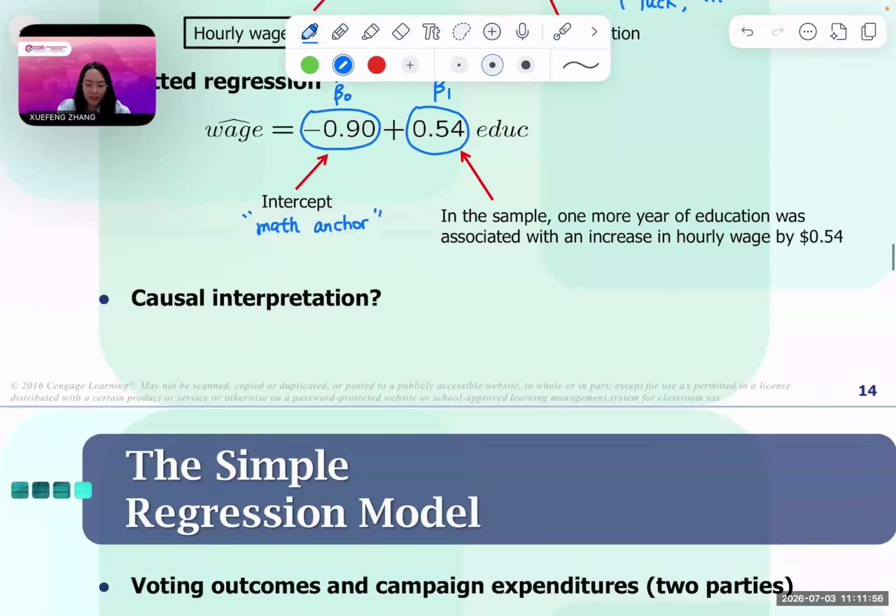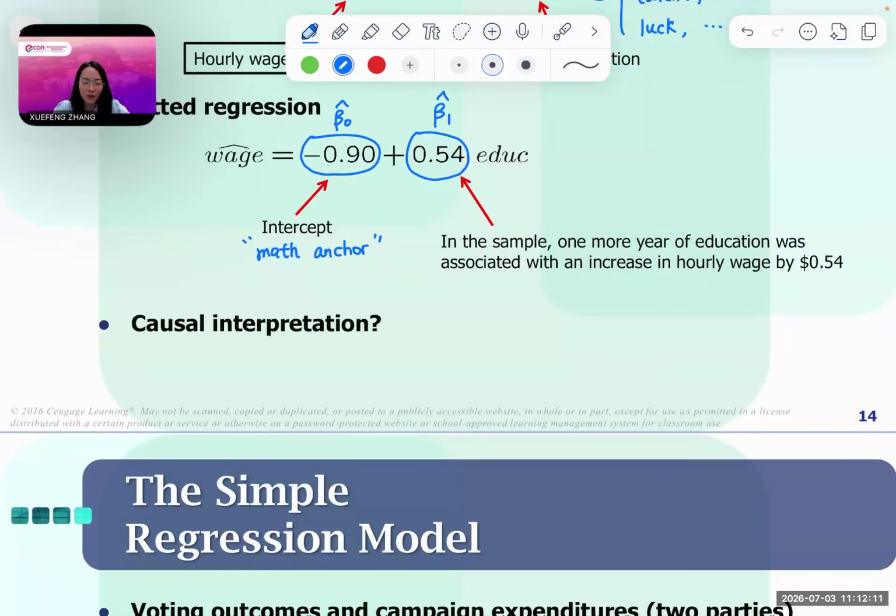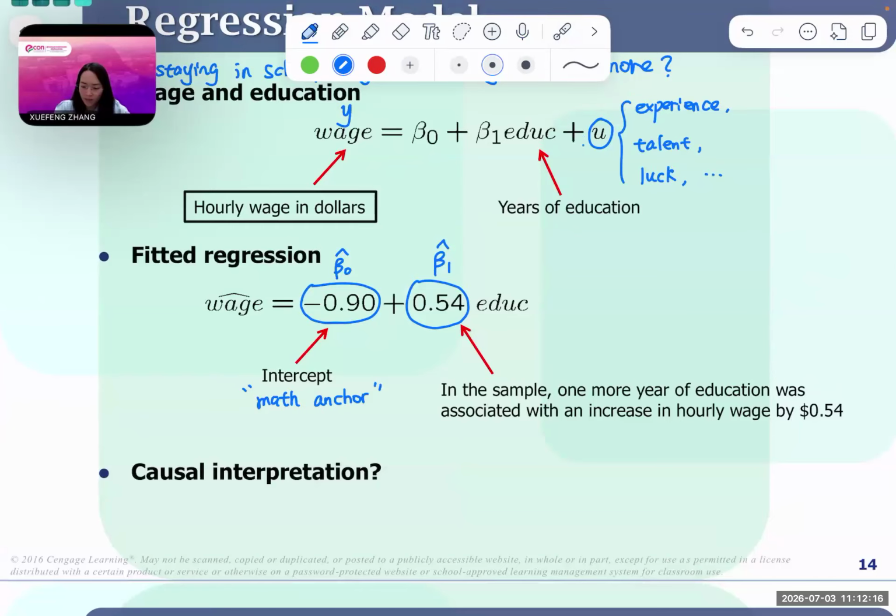Next question, causal interpretation. Can we explain our beta 1 hat as the causal interpretation? What do you think? Same problem as before, okay? Because mu here, our error term, contains intelligence, family background, motivation, all of which are probably related to education level, okay?